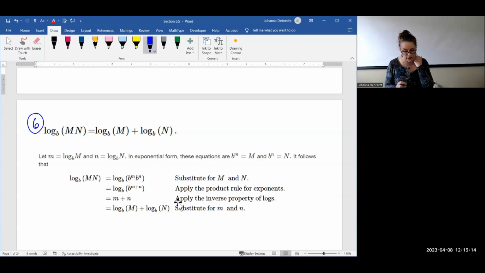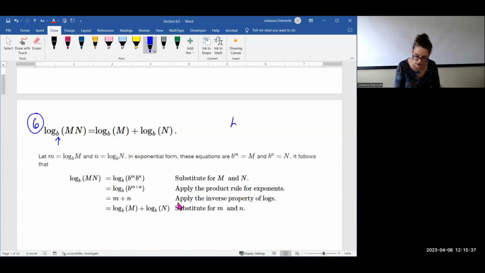Now, when we're looking at this one right here, what is this saying right here? And this is a very confusing one. It basically says, if there's multiplication in the answer part, what do you do with the powers? Well, if the base is the same and you have multiplication in the answer part, you add the powers, right? I mean, that's the rule.